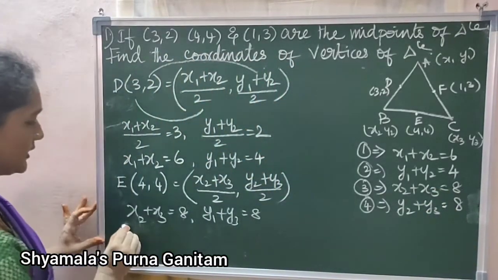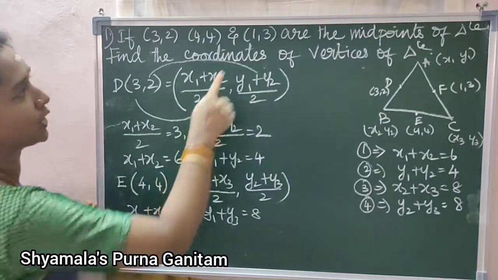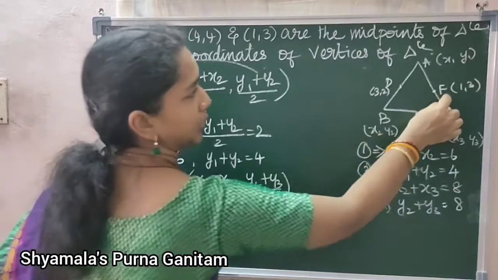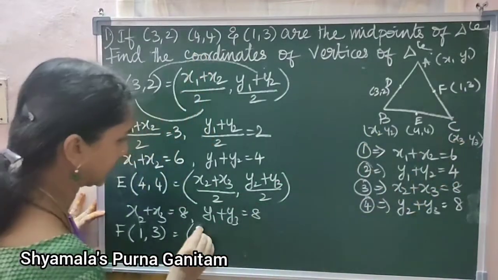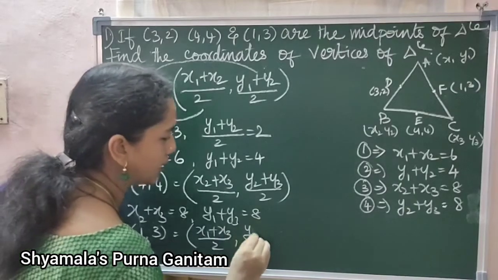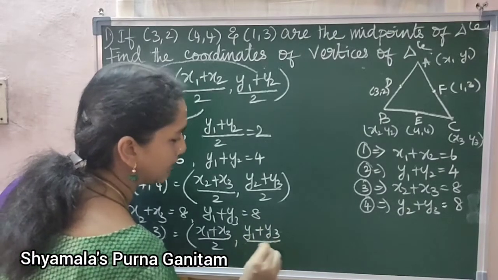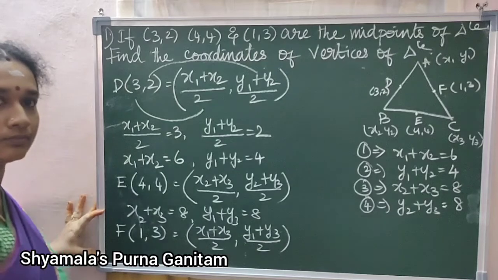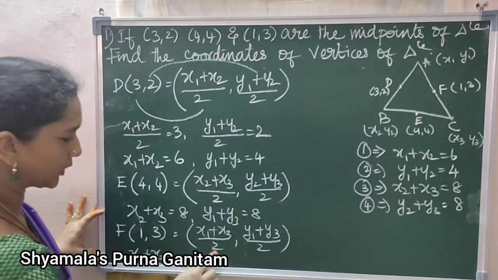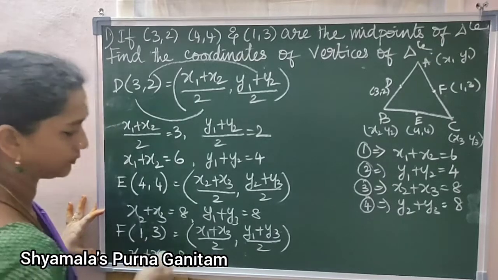Now the same way for F also. F is the given midpoint (1, 3). So that is (x1 plus x3) by 2 and (y1 plus y3) by 2. So x1 plus x3 is equal to 2 1s are 2.